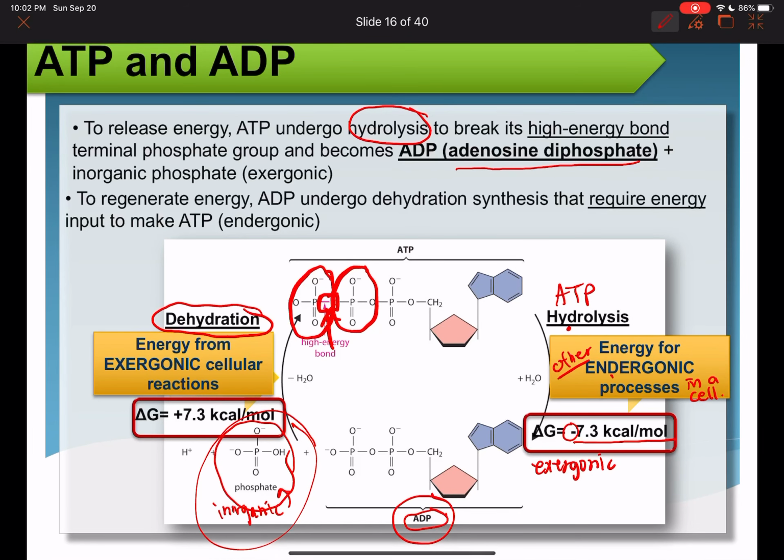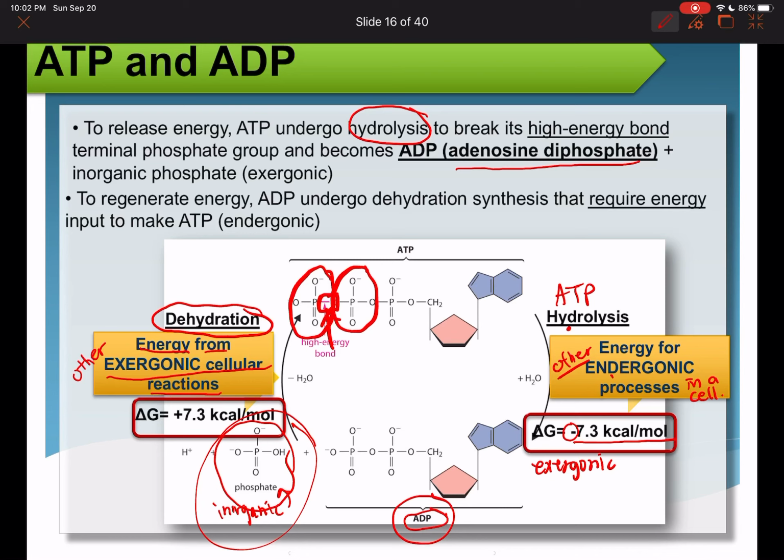Okay, so this is technically, like I said, dehydration is an endergonic reaction. Okay, we will require an input of energy from other exergonic cellular reactions. You see, energy coming from other exergonic cellular reactions.